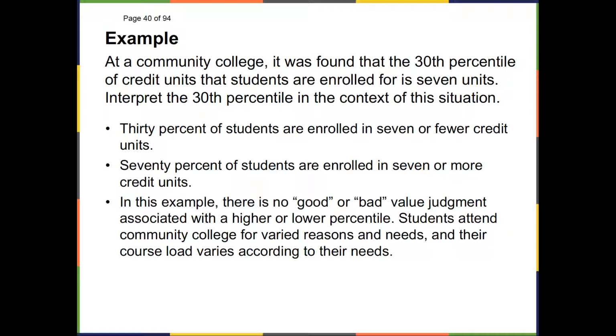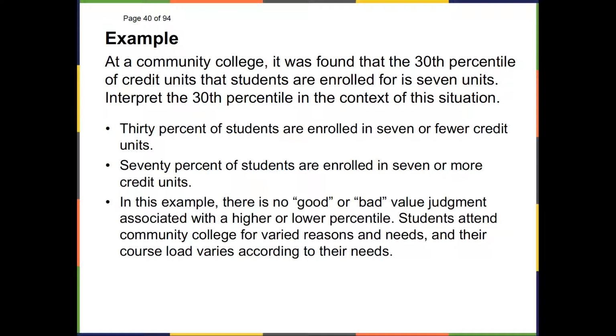We can see in this example that for the 30th percentile of credit units, students had 7 credits. What are ways that we could understand that? Well, if the 30th percentile is 7 credits, that would mean that at that cumulative point, 30% of the students are enrolled in 7 credits or less.